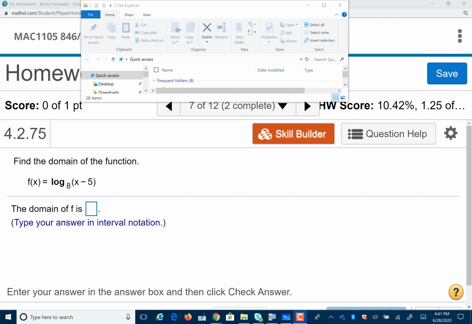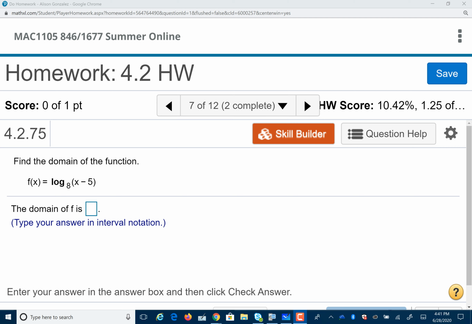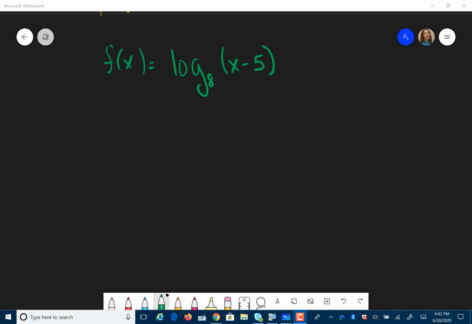I also want to give a little bit of help here on the domains for these. In this particular problem, we're being asked to find the domain of log base 8 of x minus 5. So we'll take a look at this. The thing you need to know about logs is if we have log base b of x, it's generally going to have this kind of shape.